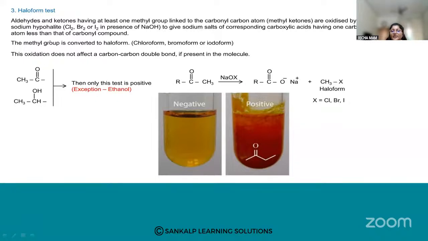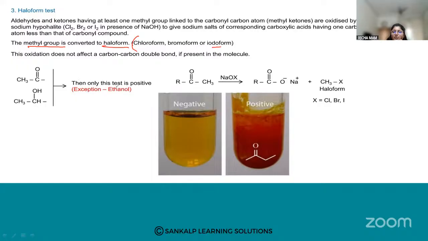So here we are converting the methyl group to a haloform. We can get either chloroform, bromoform, or iodoform. This oxidation does not affect a carbon-carbon double bond if present in the molecule.